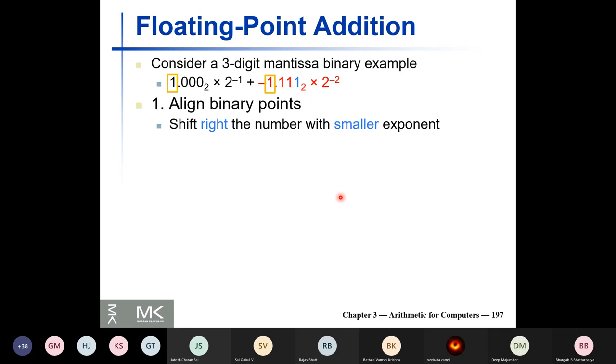See, the thing is, finally we are going to add these two numbers. We are going to have some binary addition operation. If I shift this number, in which direction I have to shift? I have to make this 2 to the power minus 2, right? So therefore, I need to shift this binary string to the left. So this binary point will come here.